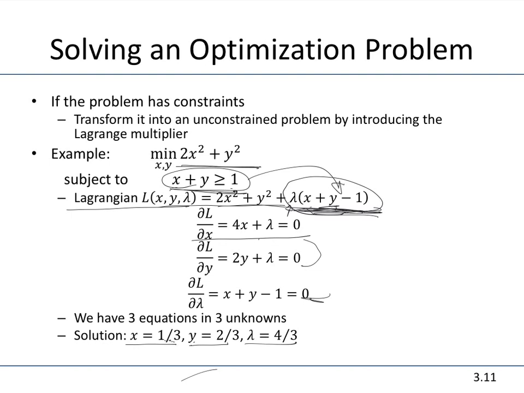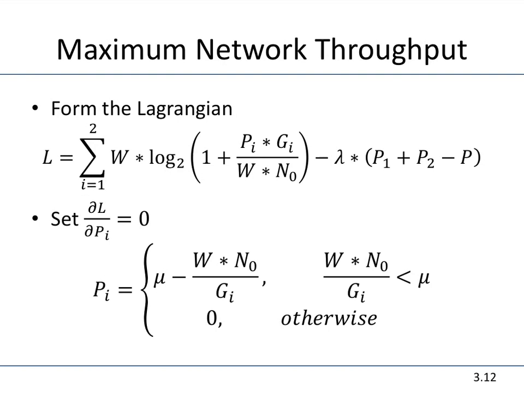If x plus y is more than 1, this means the constraint is fulfilled. So we only maximize the value of lambda when it's less than 1. Right, exactly. Okay.